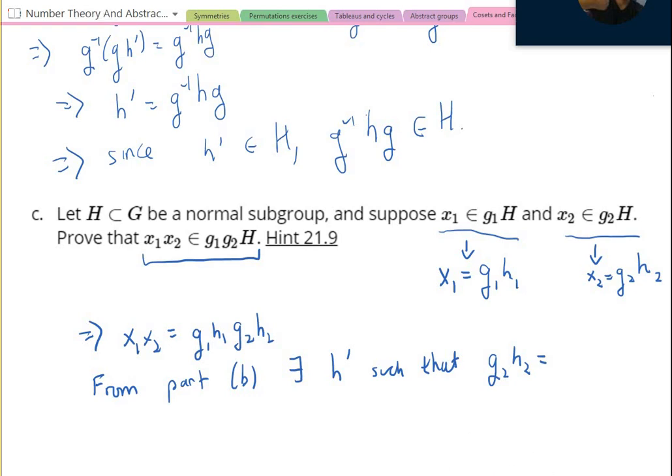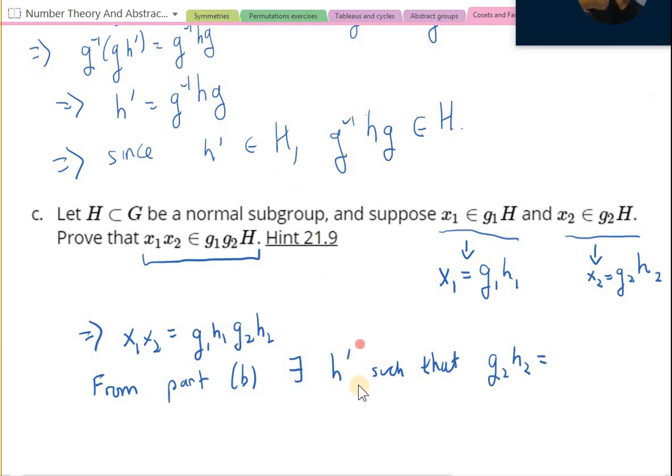All right. So how can you apply it? All right. So you're saying H2 prime instead of H prime.